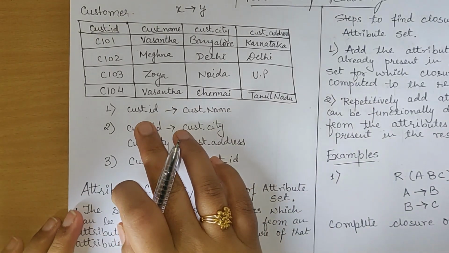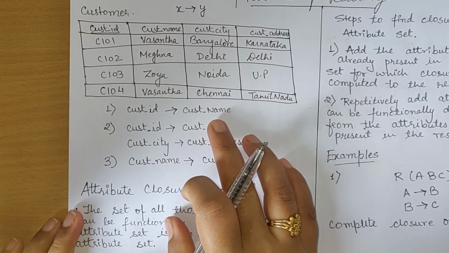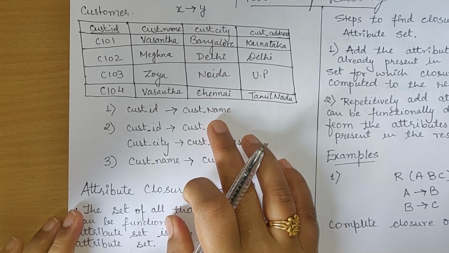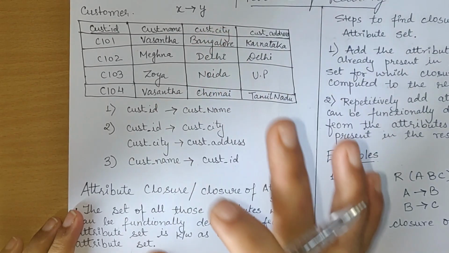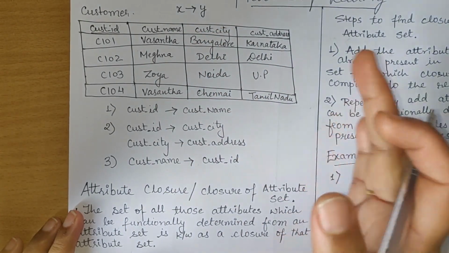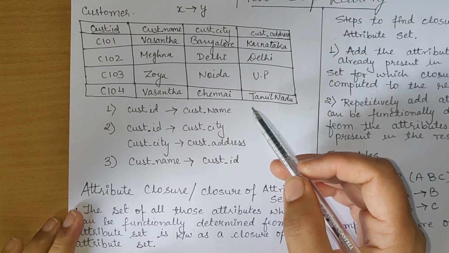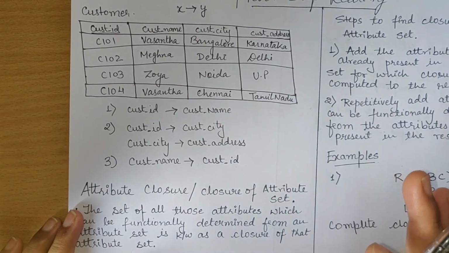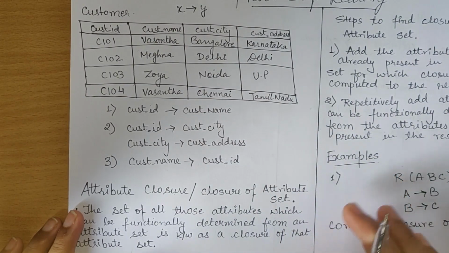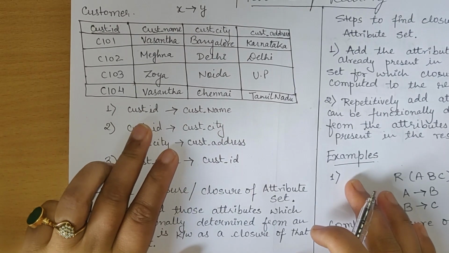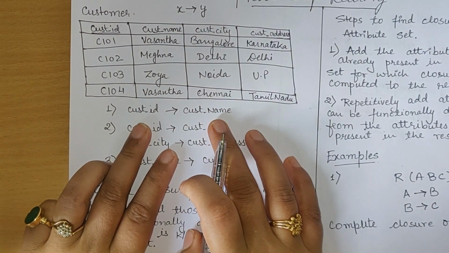What are the functional dependencies? Customer ID determines customer name. Fine. And you already know the definition of functional dependency. Now on the basis of that, just answer whether these functional dependencies hold good or not. First is customer ID determines customer name.